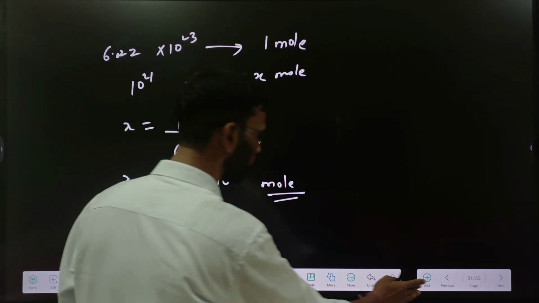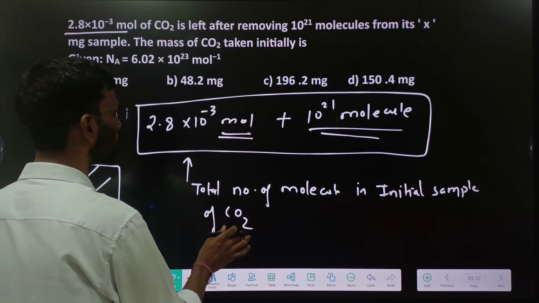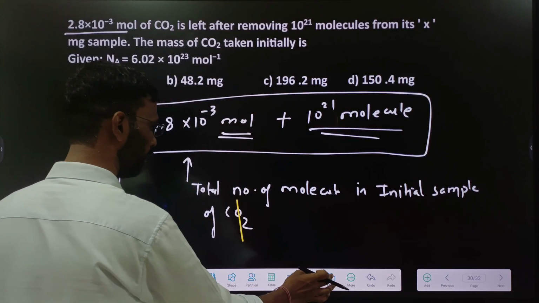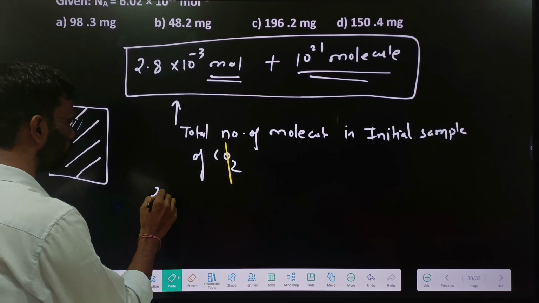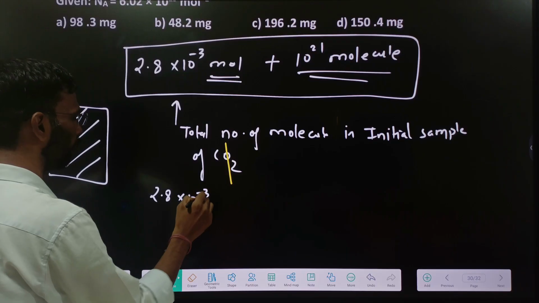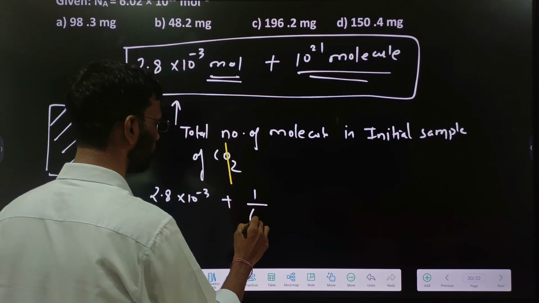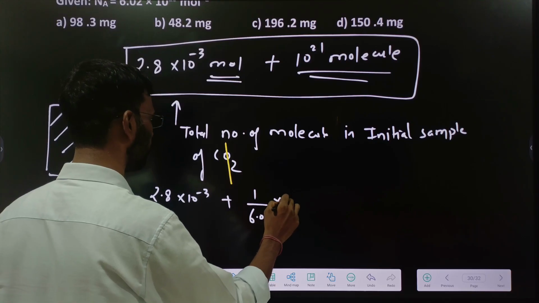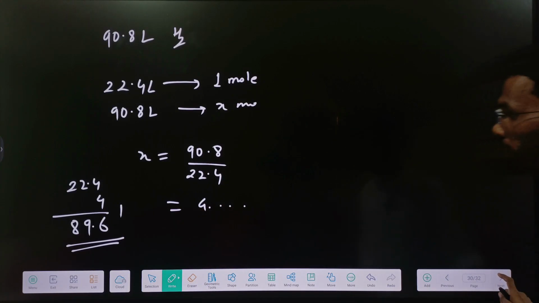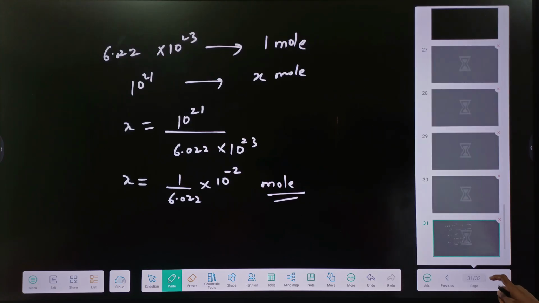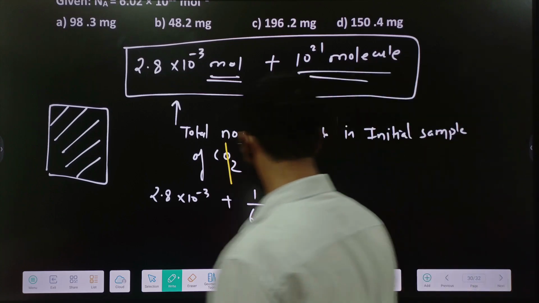Right? So what I will write over here, the total number of moles initially was 2.8 into 10 raised to minus 3 plus 1 upon 6.022 into 10 raised to minus 2. So now this is also in mole.